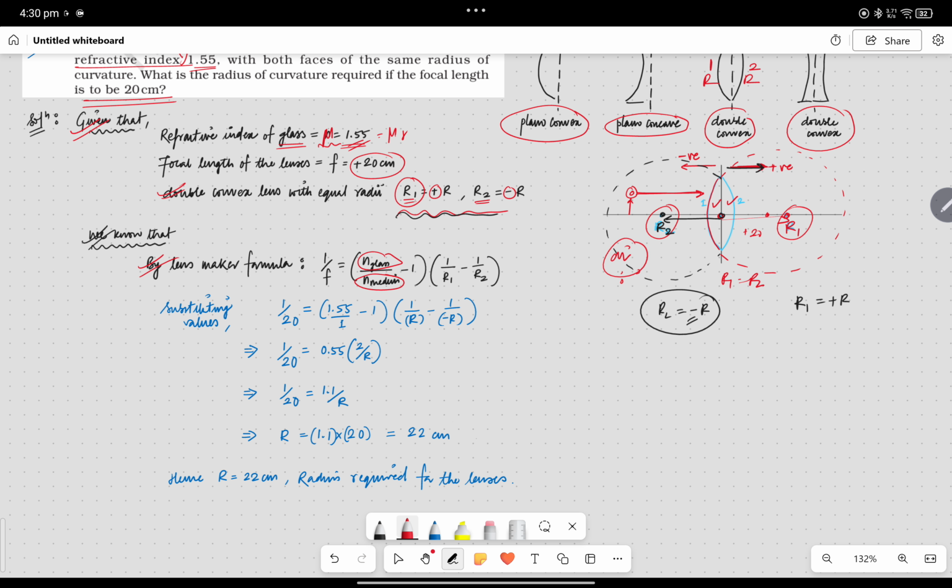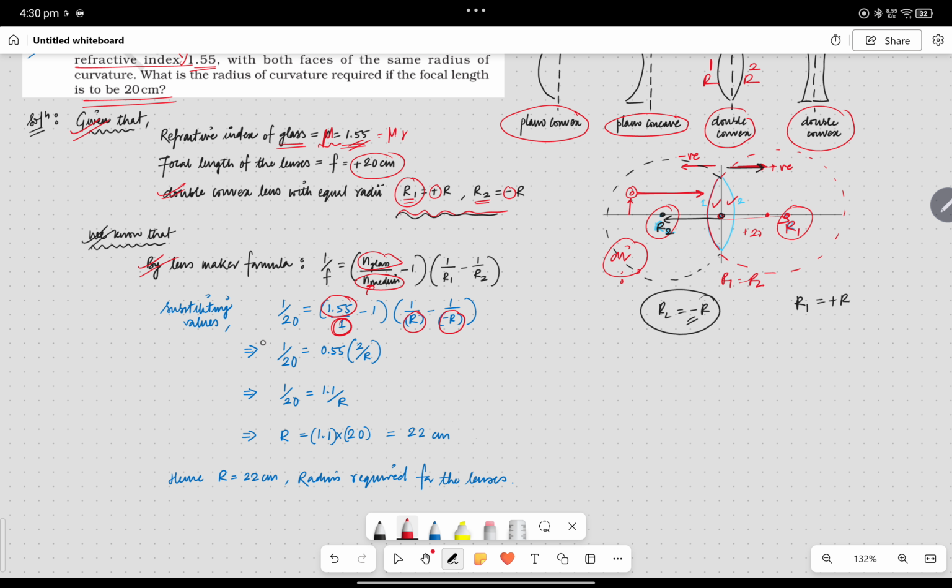But it can also vary. If that lens is put in water, you have to take the refractive index of water here. So here the refractive index of air is 1 and the refractive index of glass is 1.55 as given, and r1 is positive R and r2 is negative R, right?